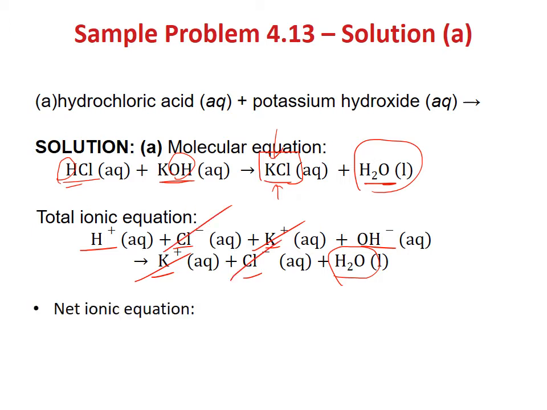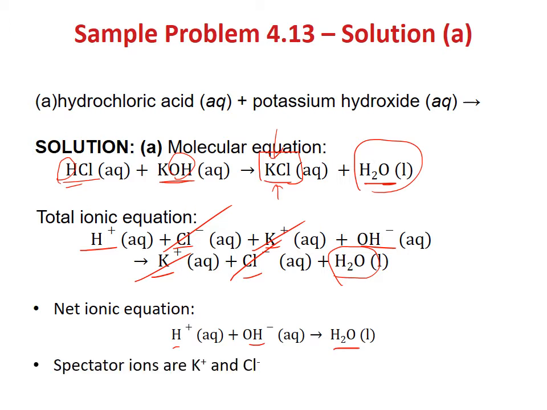And so the net ionic equation is hydrogen ion plus hydroxide ion forms water, and the spectator ions are potassium ion and chloride ion. And you will notice that for all strong acid, strong base reactions, if all substances are soluble, the net ionic equation is always this. It's the proton plus hydroxide forms water.